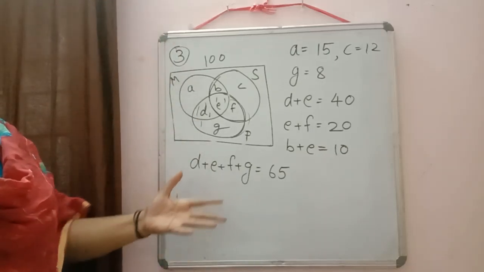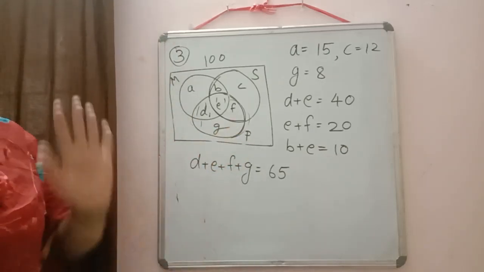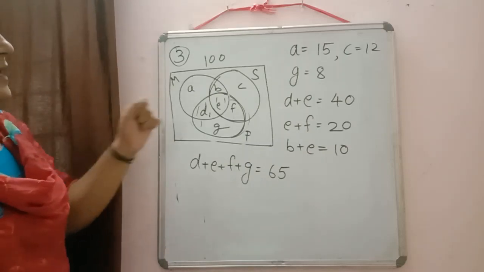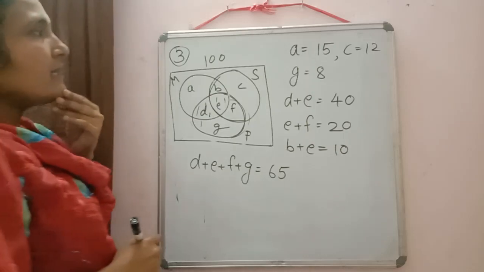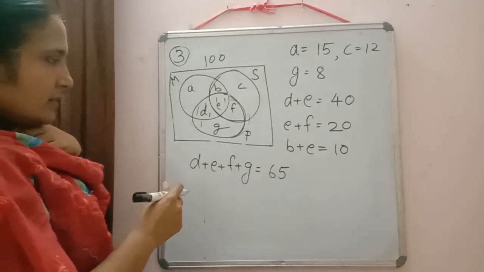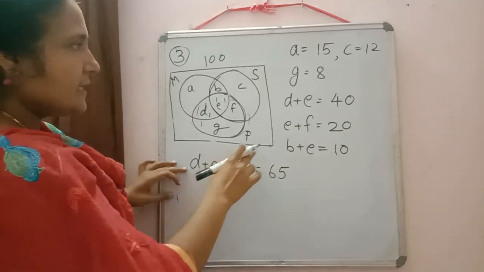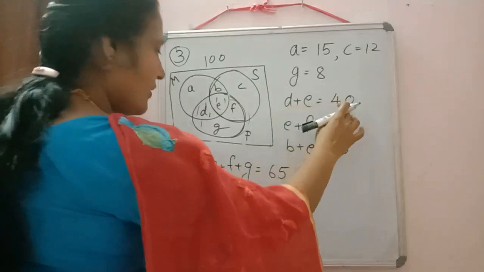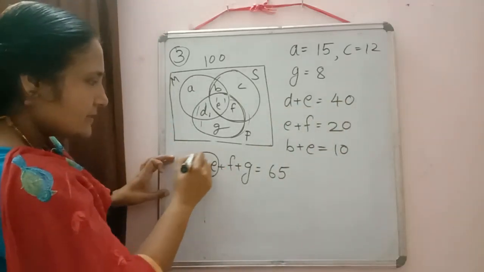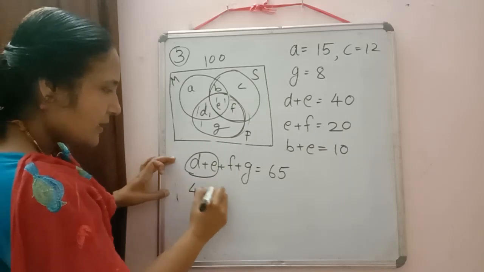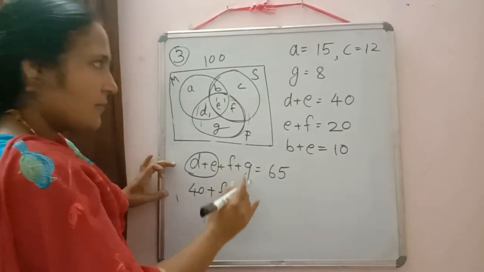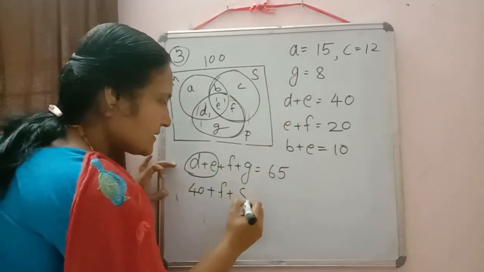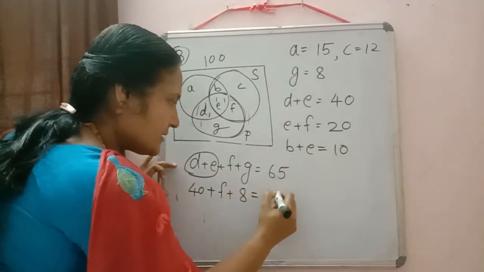So again, first we can find out all the values and then we can check the question. Already A, C and G are given. So the remaining we can calculate. D plus E is equal to how much? 40. We can substitute here: 40, plus F we don't know, so F we have to calculate, value of G is given as 8, so 65.